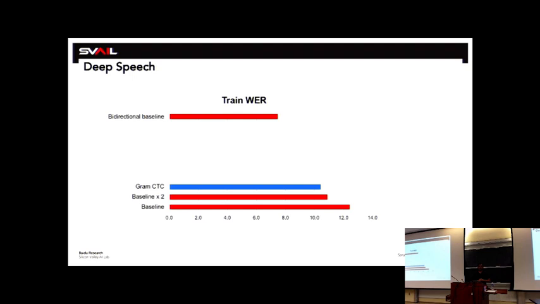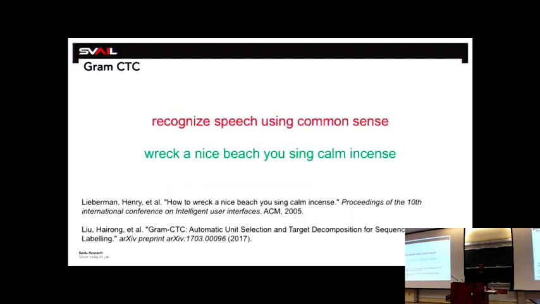Which model is the gram CTC? Oh, the A model using gram CTC is. Yeah. So you can look at the gram CTC paper. It has more details about the experiments. You're saying it's surprising that it's state-of-the-art for that? Yeah.